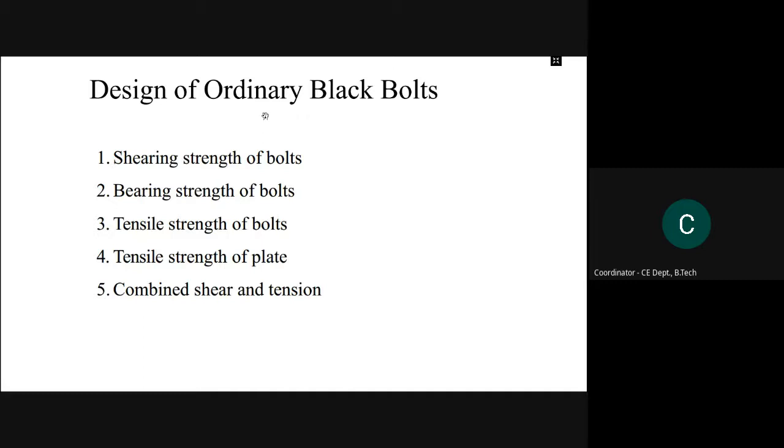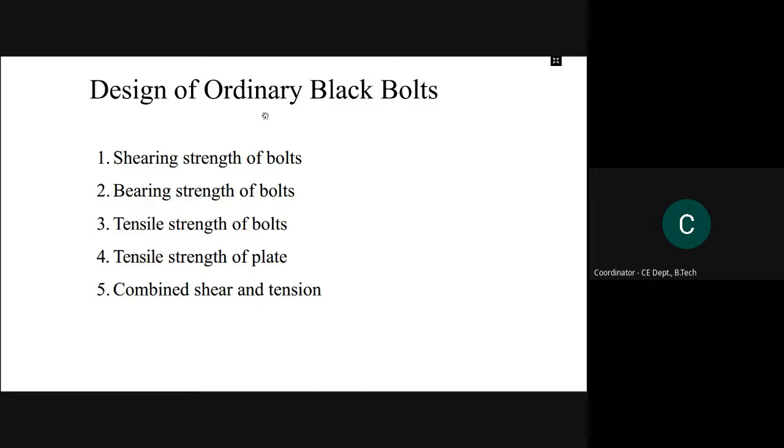So we need to know in which part or which case we are most weak or vulnerable. If we know our weakness, then we can easily focus on it, and we can prepare our designing as well.